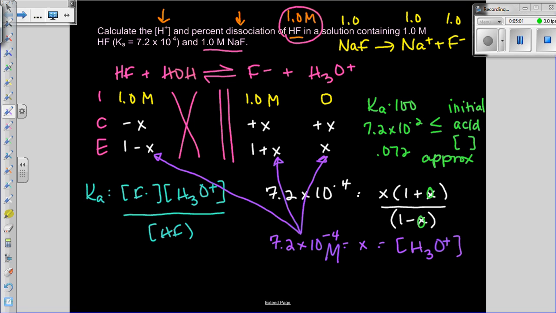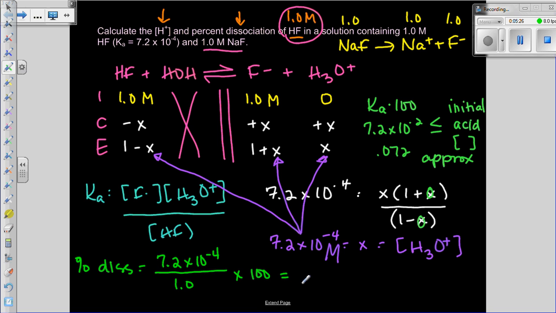To do percent dissociation, we take the concentration of hydronium ion, 7.2 times 10 to the negative fourth, and divide that by our initial acid concentration, which is 1, times 100.